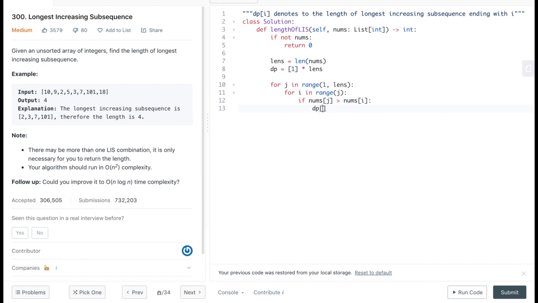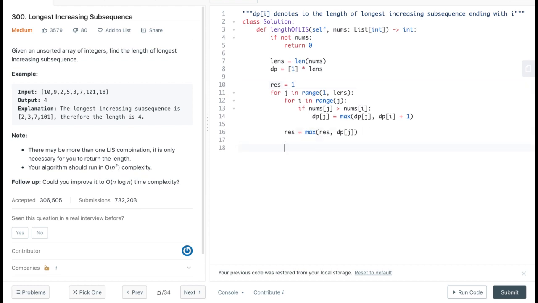So we should update dp j equals the maximum of dp j and dp i plus 1, and result equals max of result and dp j. Result starts at 1. Return result. Okay, that should do it.